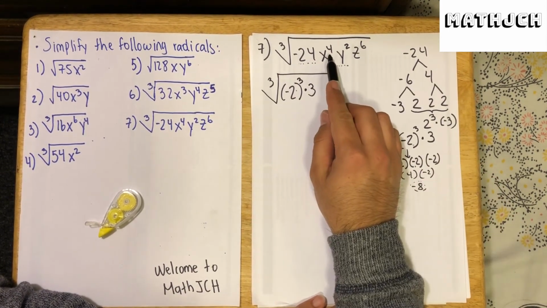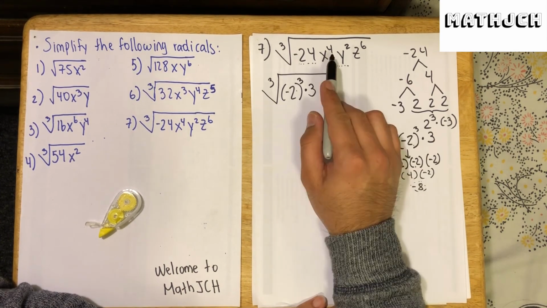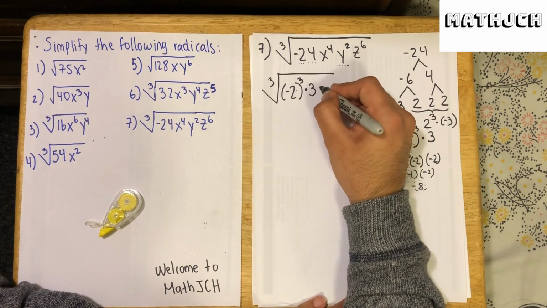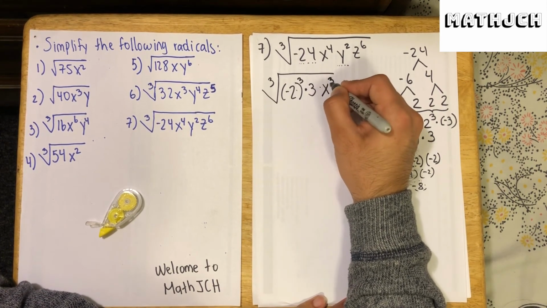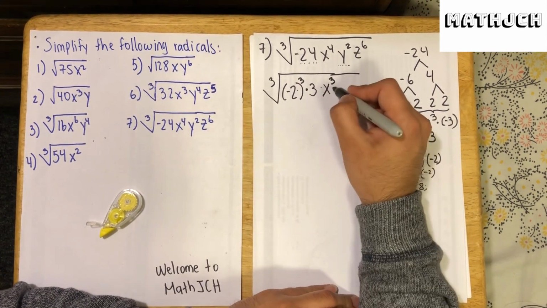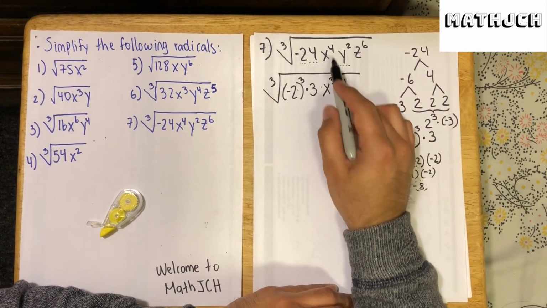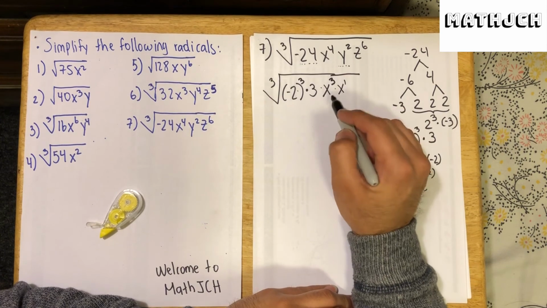Now, x to the power 4, we could break it down with one of the x having exponent 3. So I could rewrite it as x to the power 3 times x to the power 1. That will give me 4 because 3 plus 1 gives me 4.